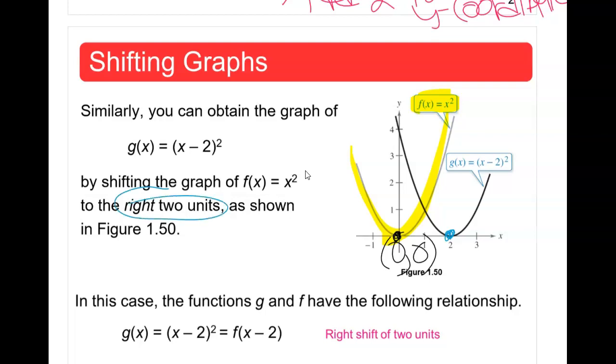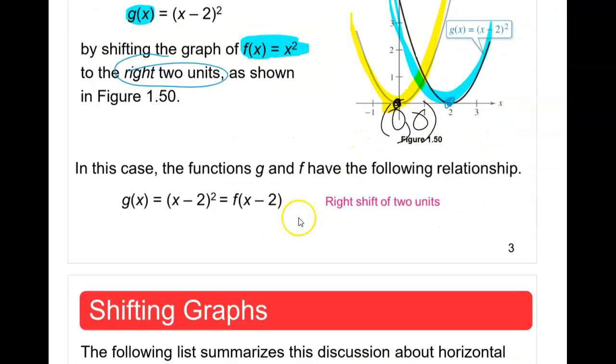In this case, we're calling the graph g of x. So g of x will be the same as f of x, or x squared, but shifted 2 units to the right. If we want to write g of x in terms of f of x, it will be the same as f of x, the x squared.